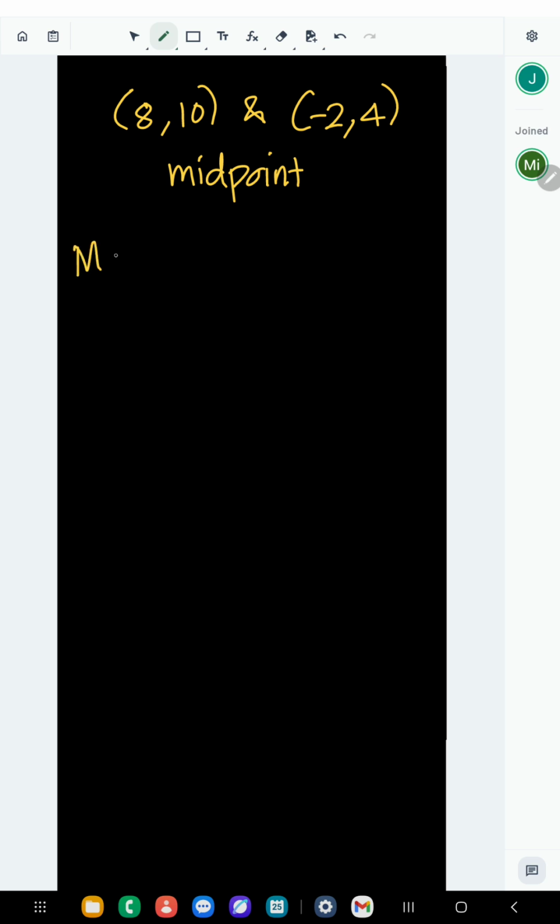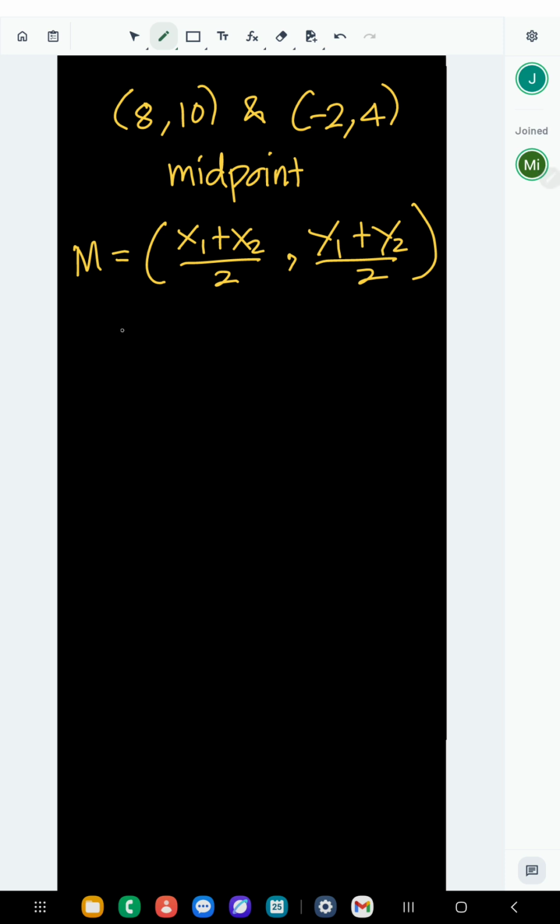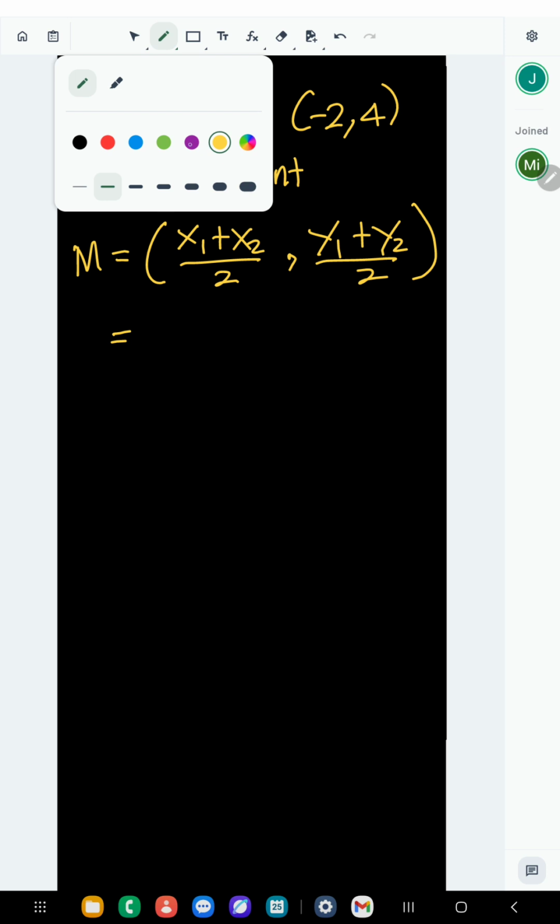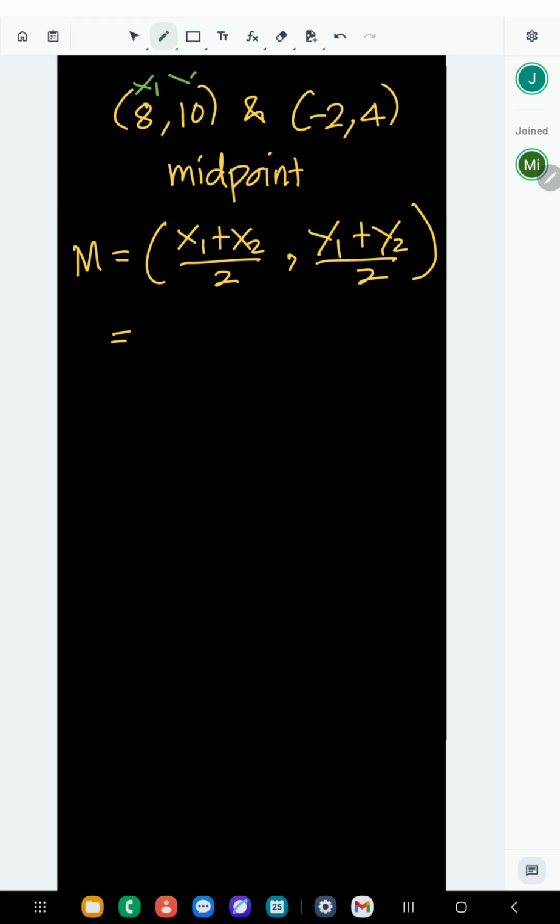Midpoint again is x sub 1 plus x sub 2 over 2 and y sub 1 plus y sub 2 over 2. So that is the midpoint. Okay, and then we just plug in all the values. Let's say this is x sub 1, y sub 1, x sub 2, y sub 2.